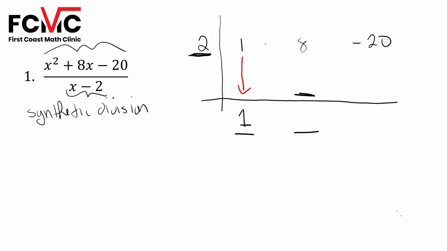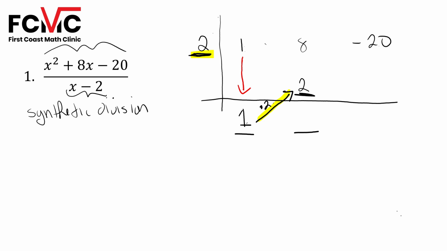To get this term here, I'm going to take this 1 and bring it up, but I've got to multiply it by the 2 on the outside. So 1 times 2 gives me 2. So we brought the 1 down, multiplied it by 2, and brought it up.